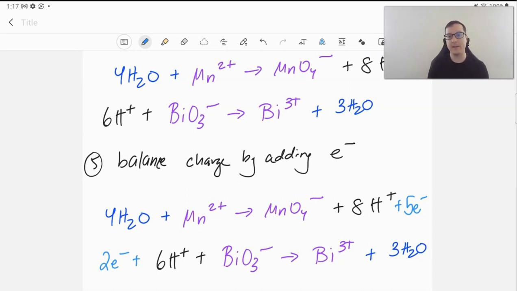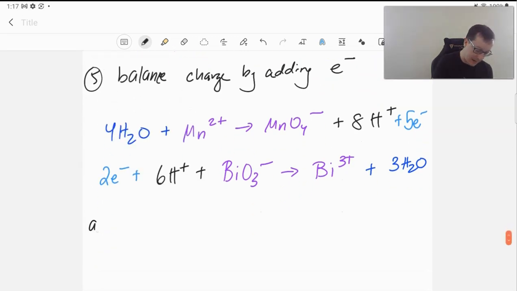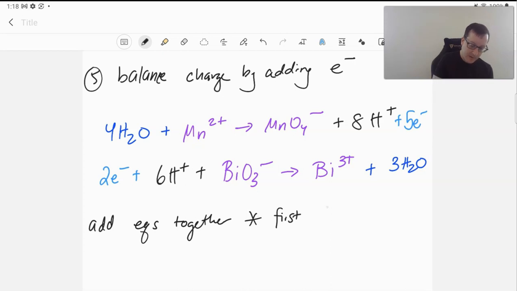And now, the last thing that we do is we're going to add these up. So we are going to add the equations together. But first, multiply as necessary to get the electrons to cancel out.